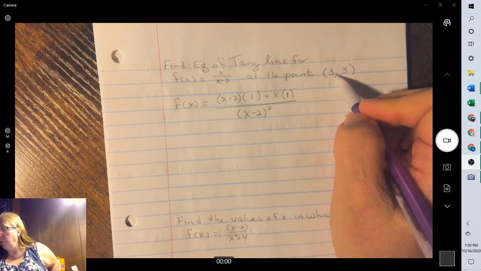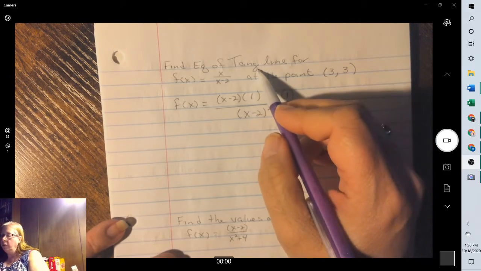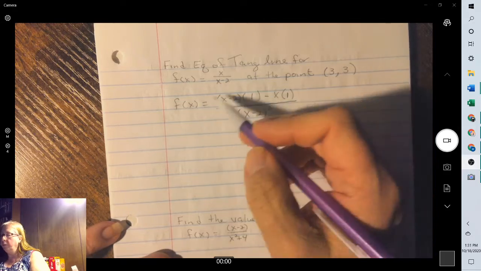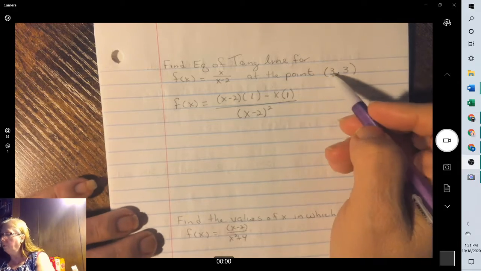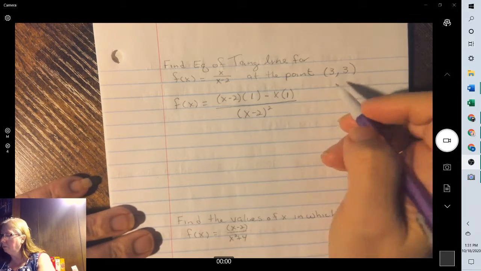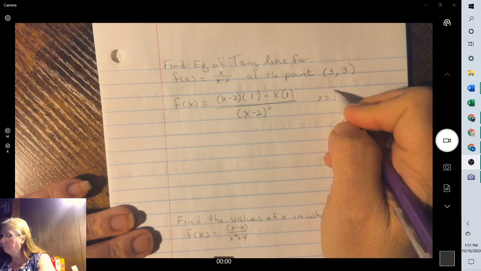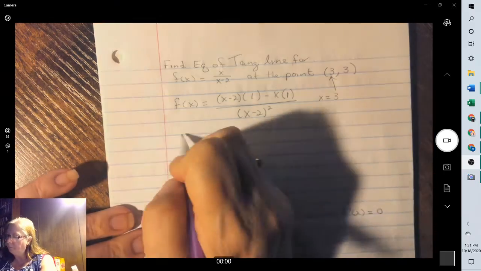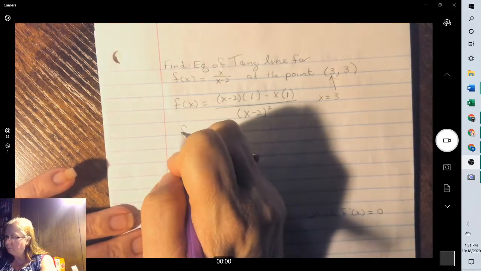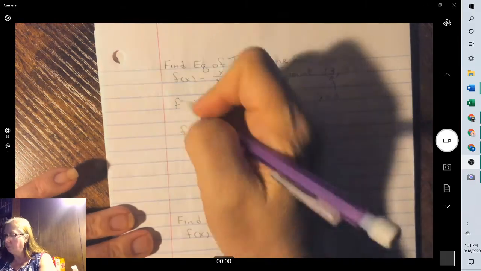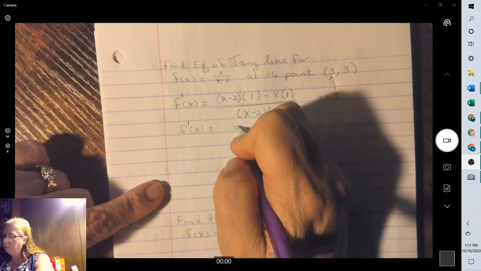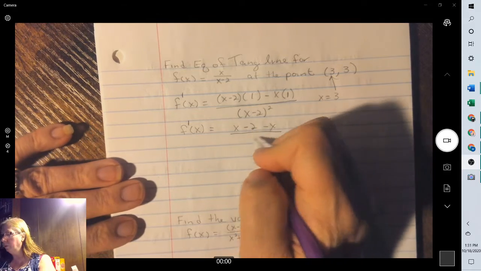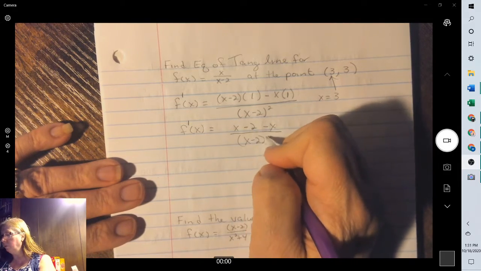And we were given our point, and we want to find the equation of the line, so I would simplify this first. So we want to plug in the 3. But you could simplify first. This is the derivative. x minus 2, distributing the 1, minus x over x minus 2 squared.